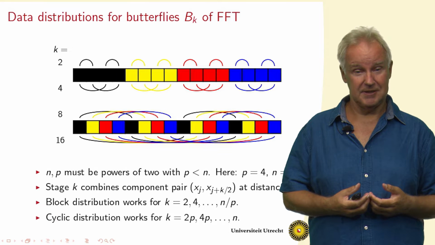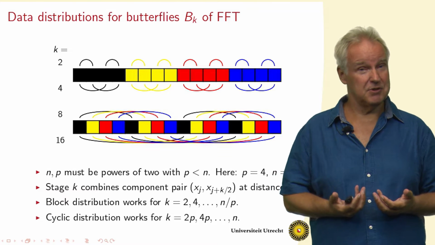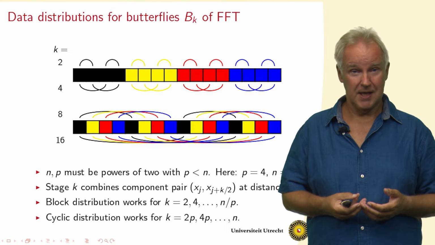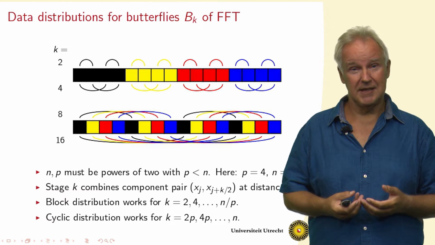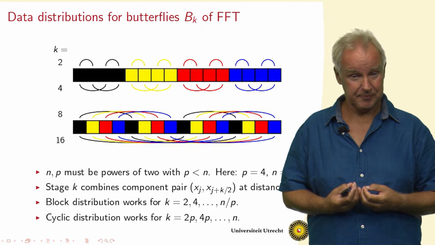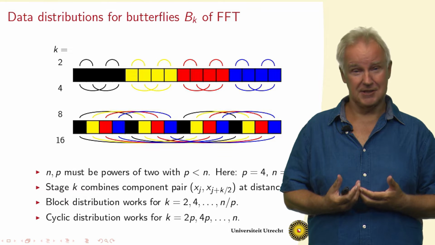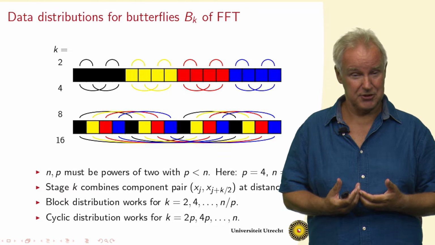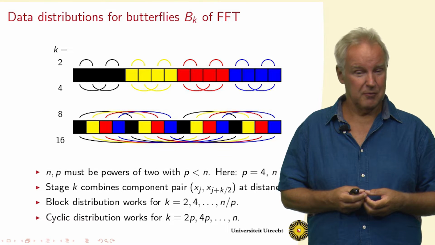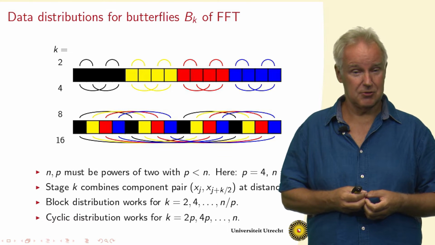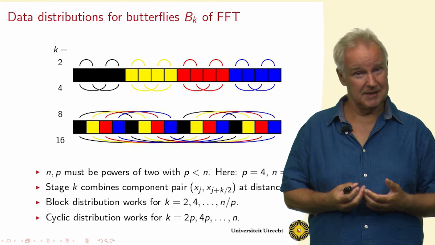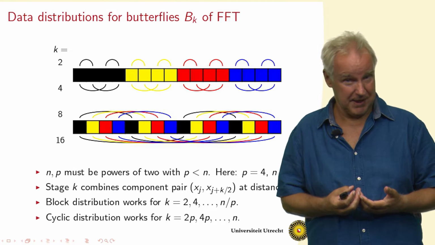On the other hand, when k becomes large, the block distribution doesn't work anymore, because then we combine components that reside on different processors. But then the cyclic distribution comes to our rescue, because there you see that if we have k equals 2p, then the elements to be combined are at distance p.